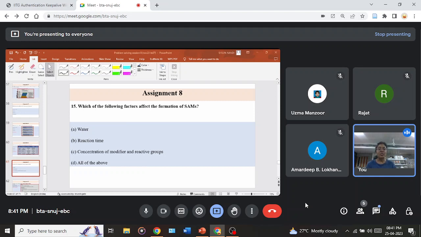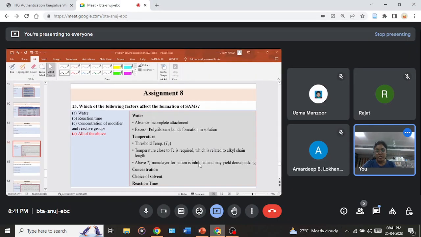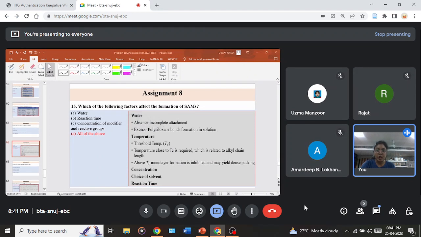And also, since this is actually a condensation reaction, water plays a very important role again. So the correct answer would be option D, that is all of the above. Various factors like water: in its absence, there will be incomplete attachment, and if there is excess, then polysiloxane bonds will form in the solution.